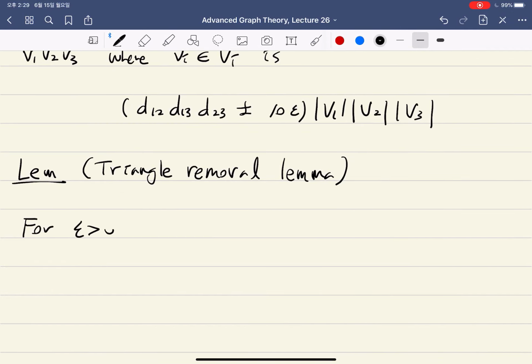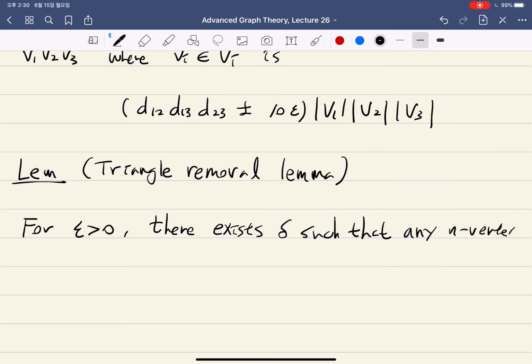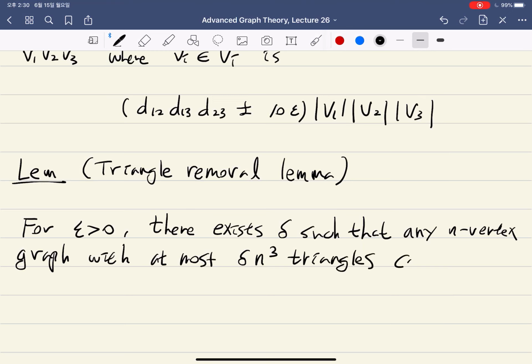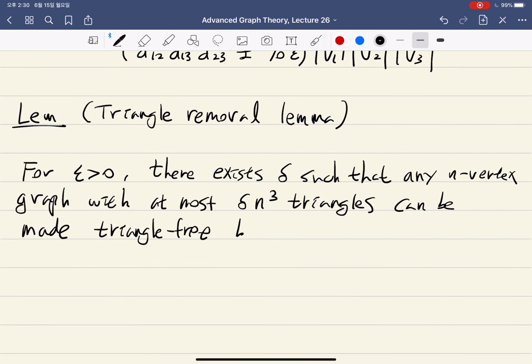What it says is that for every epsilon positive, there exists delta such that any n-vertex graph with at most delta n cubed triangles can be made triangle-free by removing at most epsilon n squared edges.